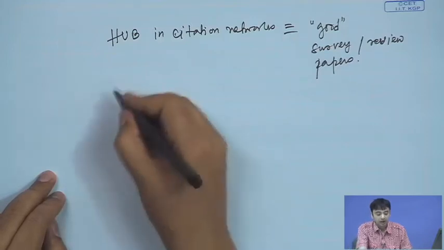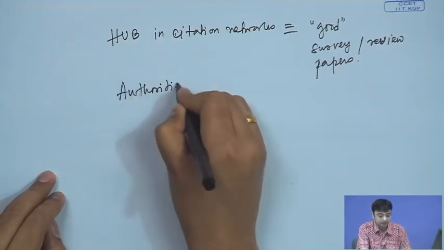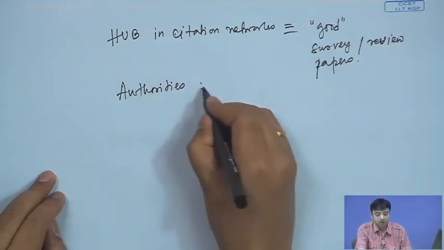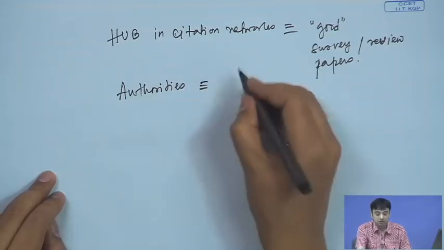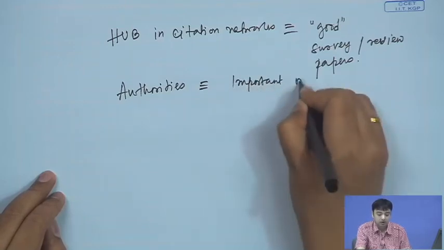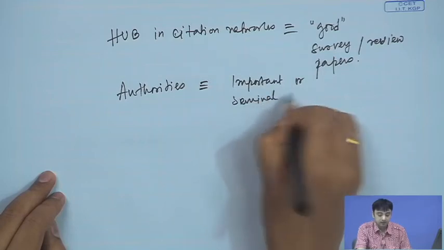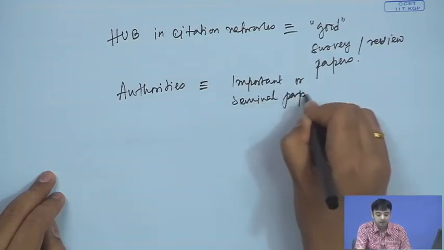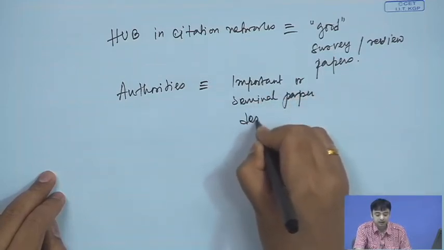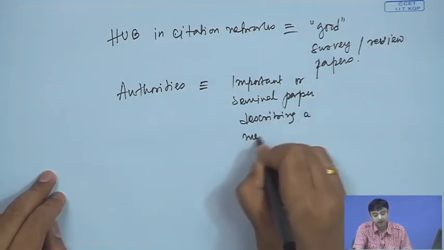Whereas authorities in citation networks would be analogous to important or seminal papers describing a method or an algorithm.